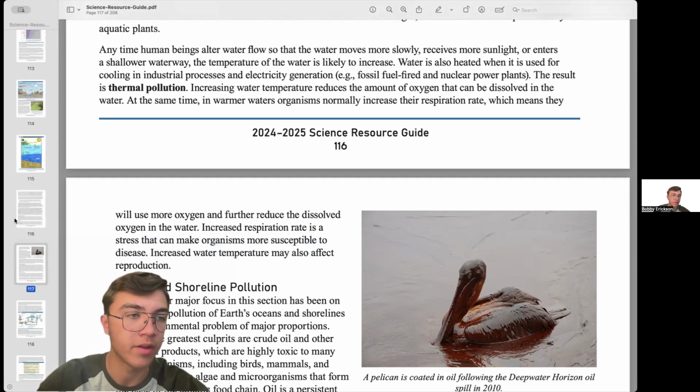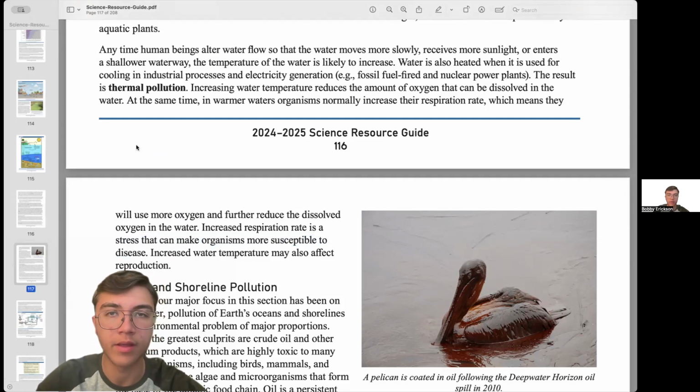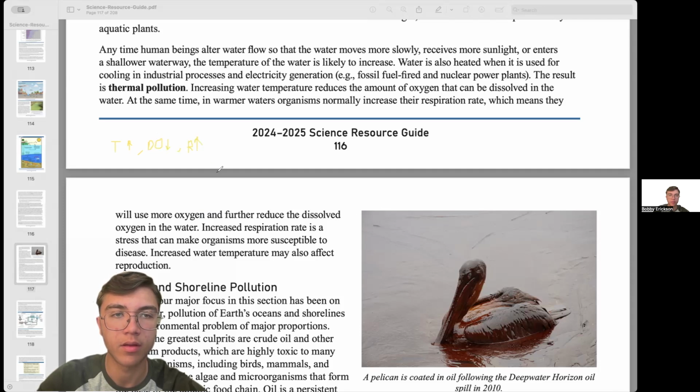So if we were to go ahead and draw this here, temperature goes up, then we have that means oxygen, or dissolved oxygen, DO, goes down, and then we have respiration rate, R, goes up, and these two kind of go together, right?